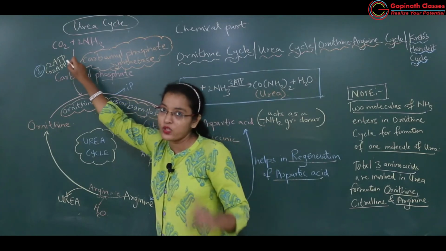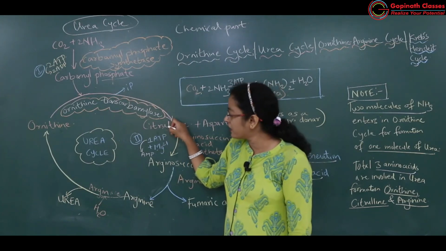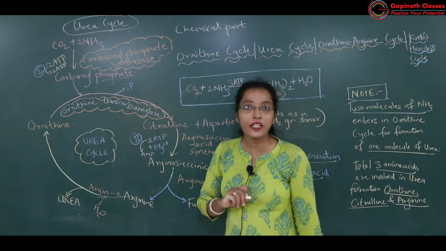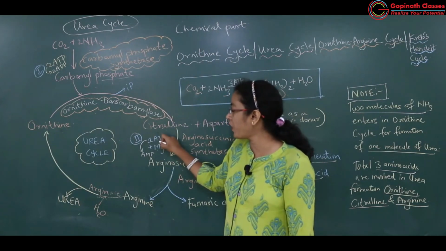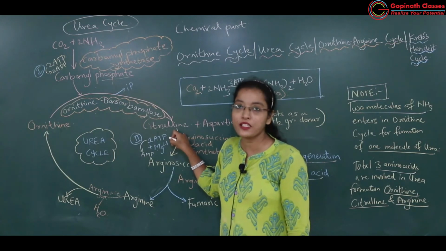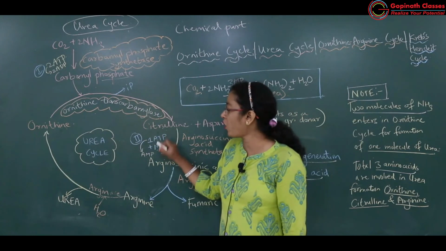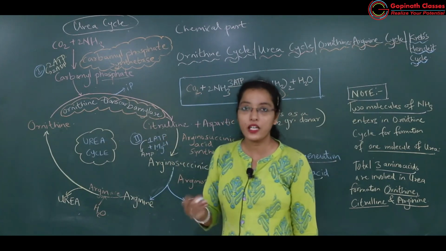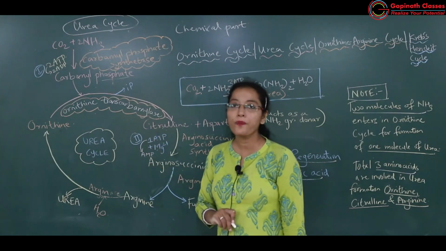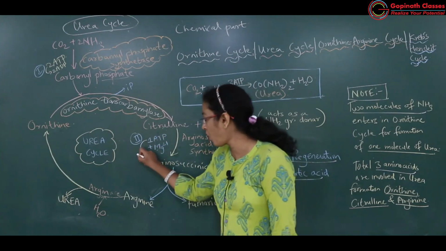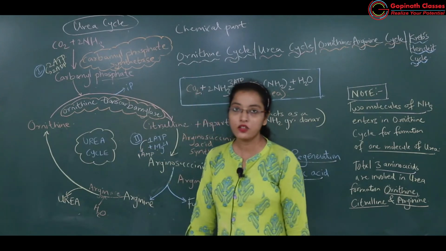Okay. So, in this particular cycle, total 3 ATP molecules are utilized. 2 ATP molecules in the first step and 1 ATP molecule between citrulline and arginosuccinic acid. Okay. But remember one thing, whatever 1 ATP molecule which is utilized by the citrulline to form arginosuccinic acid, here 2 inorganic phosphates will be utilized, thus converting 1 ATP molecule into AMP. How many AMP? 1 AMP. Got it?